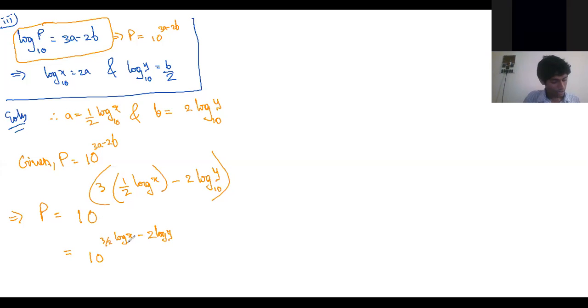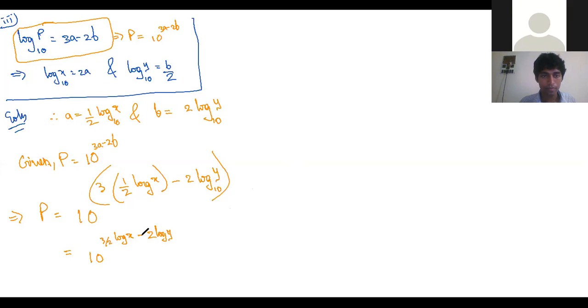Yeah, I did not teach the power law yet. Sir, we can also write this as x root x. Root x to the power 3 can also be written as x root x.